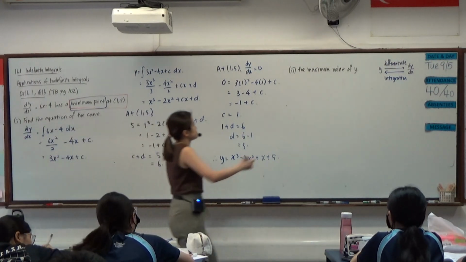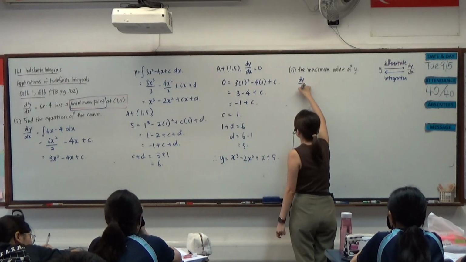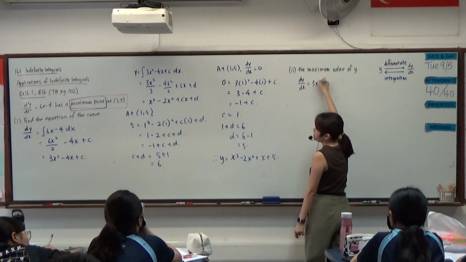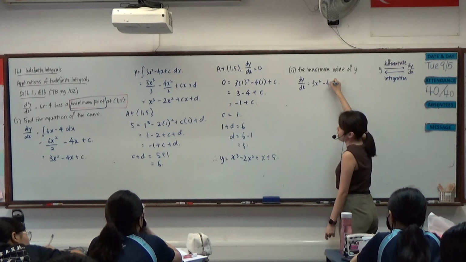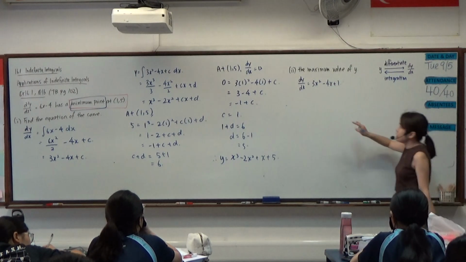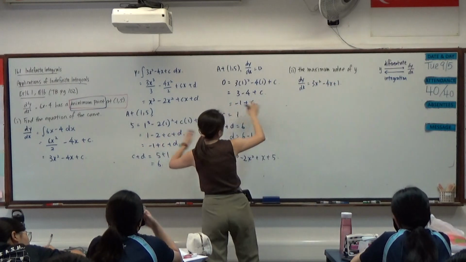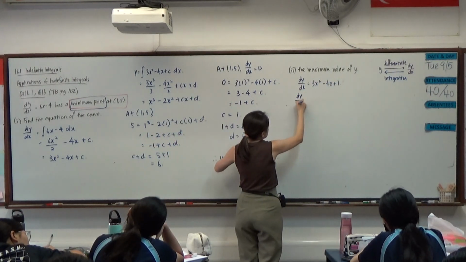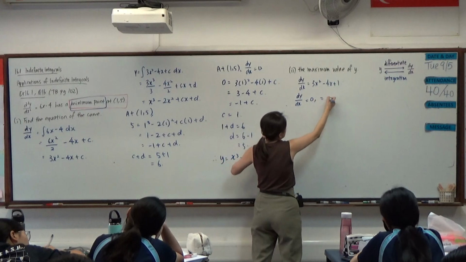So our dy over dx is 3x squared minus 4x plus 1. Be it minimum or maximum, it is a stationary point. Your dy over dx is equal to 0.